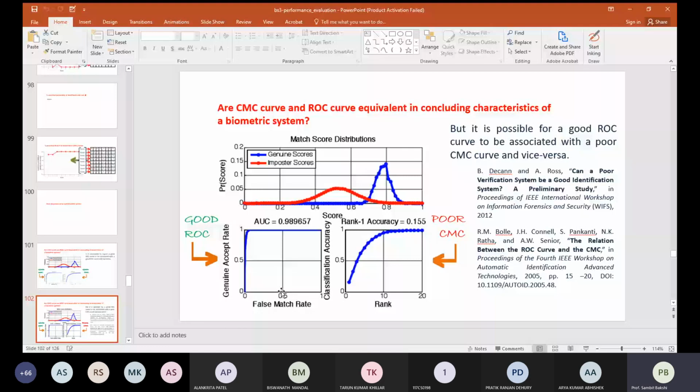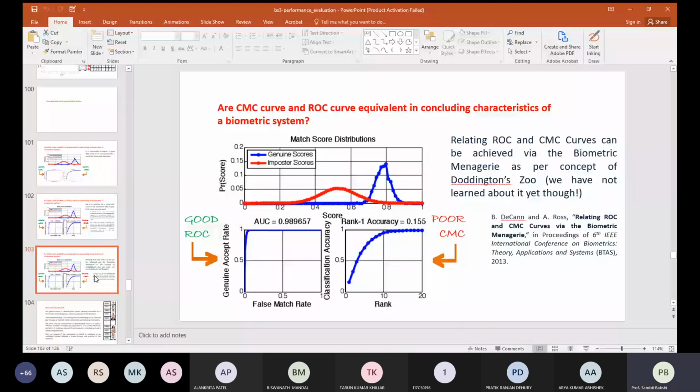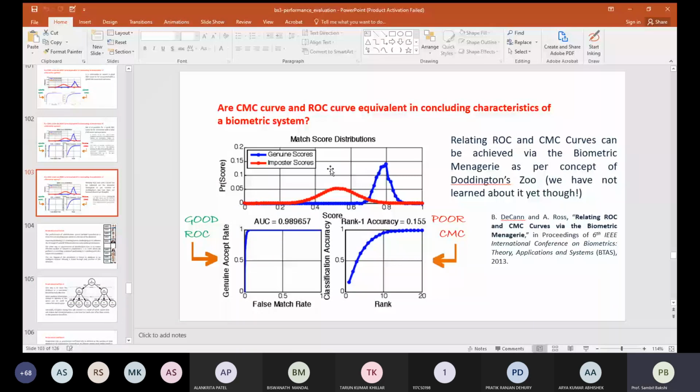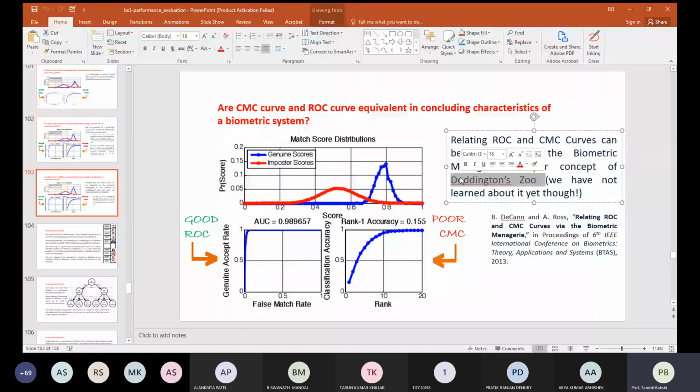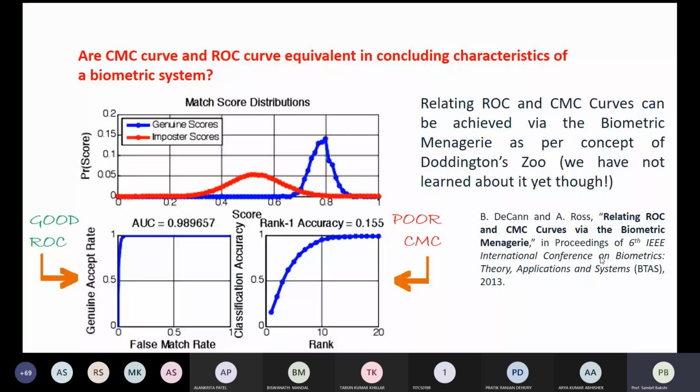I don't think in this semester we can cover it, but there's a concept called Doddington's Zoo. This Doddington's Zoo concept is a concept of biometric menagerie. People have developed a system that looks at a biometric system like a zoo, where many types of animals are there, isn't it?